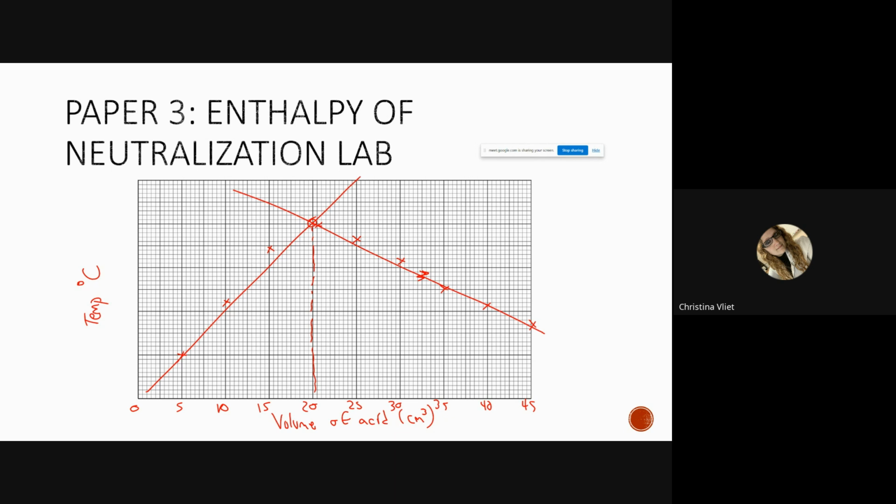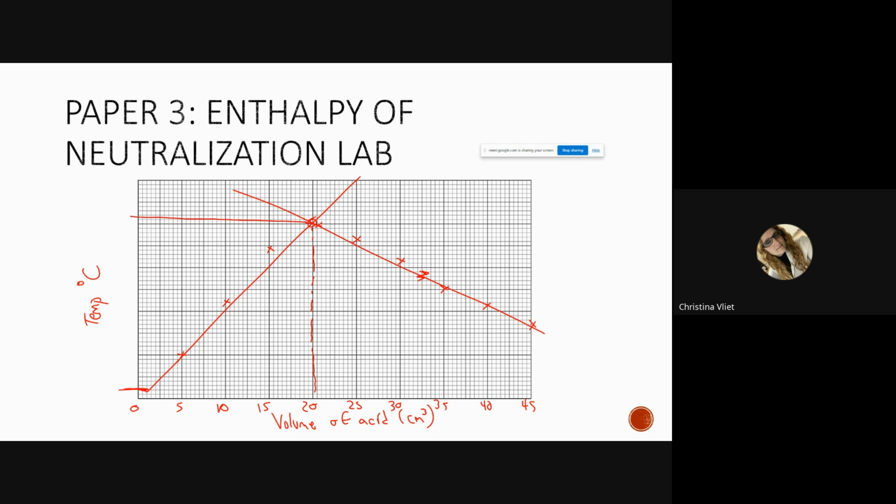There's one other thing you're going to have to get from this graph, the delta T. What is the temperature change? The initial temperature would be whatever it was before you added anything at 0, right? Whatever that initial temperature you take in the classroom is in your thermometer. And your final temperature would be at the completion of the reaction.